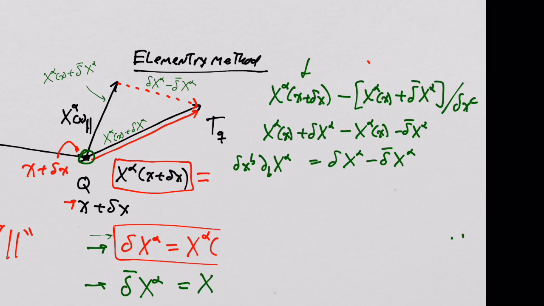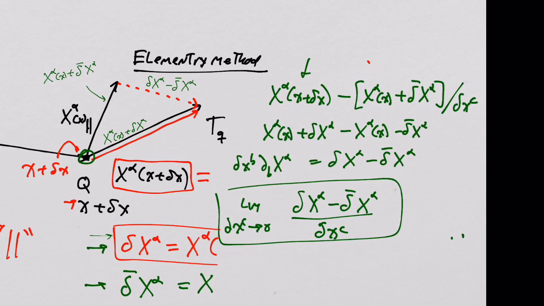And so ultimately we have delta x alpha minus delta bar x alpha divided by delta x c. And then of course we take the limit as delta x c goes to 0, right? And this limit here is what we're going to end up calling the covariant derivative of the vector field x. But then what does this thing end up being?